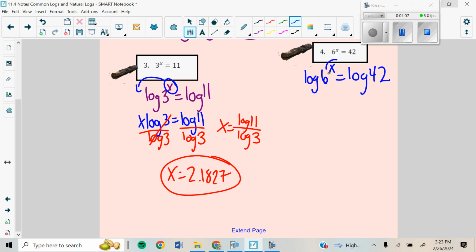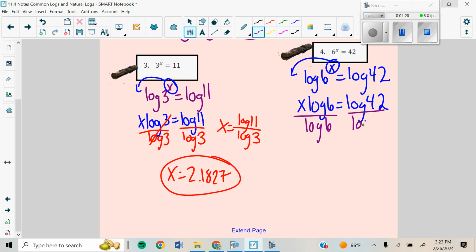We're going to move that x out front. So x times the log of 6 equals the log of 42. Now to get x by itself, we're going to divide by the log of 6 on both sides. So x equals the log of 42 divided by the log of 6.